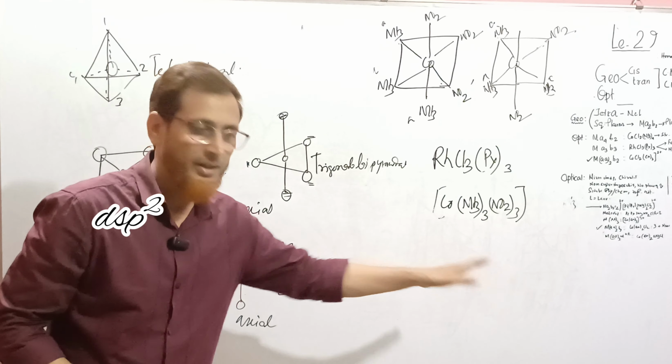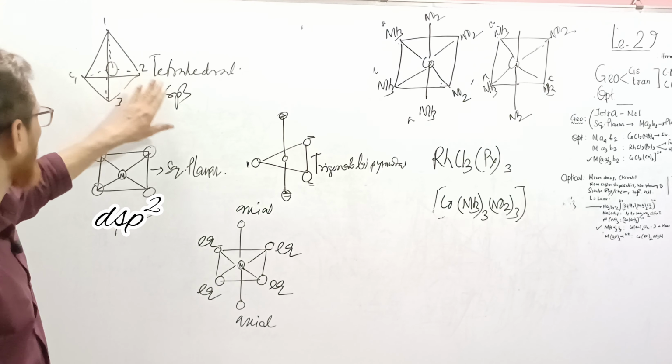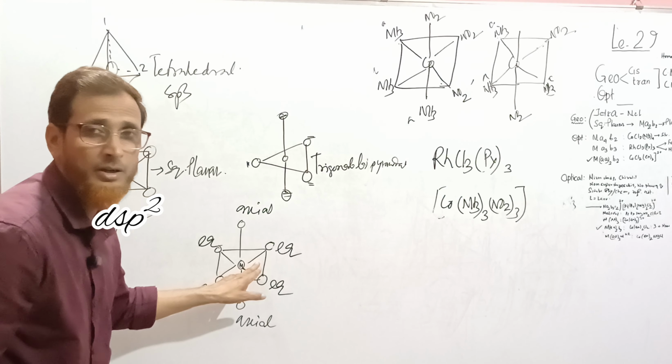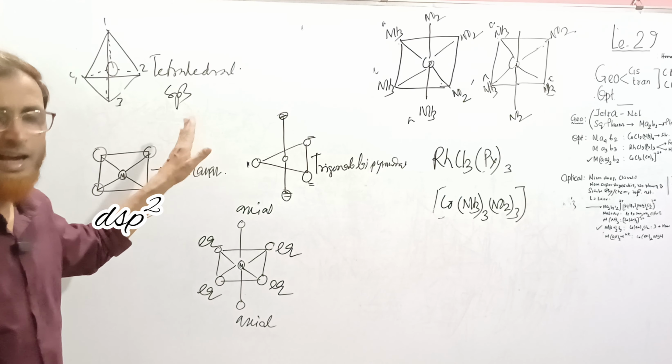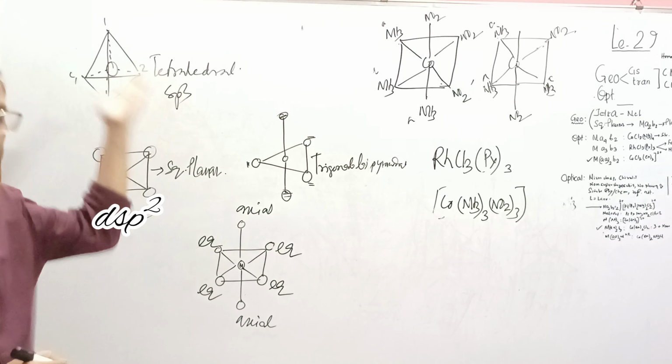So there is also bond angle. Here it is 180 degrees, here there is 90 degrees, here one angle is 120, other is 90. Am I right? There is a bond angle difference. I am not telling about this bond angle now, later on I will explain. My main motto is just to show equatorial and axial. Equatorial means the ligands in the same plane, and axial means those perpendicular to this plane.